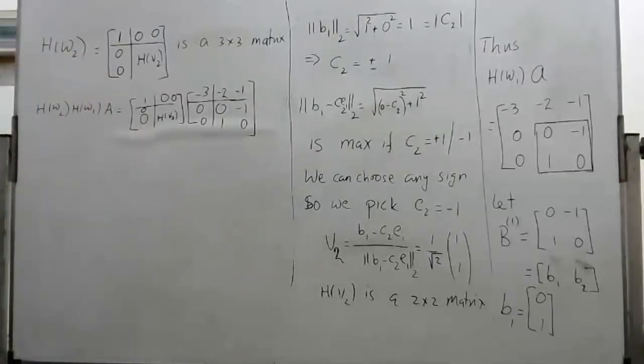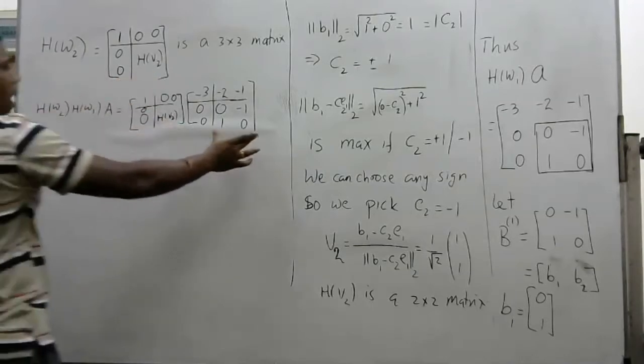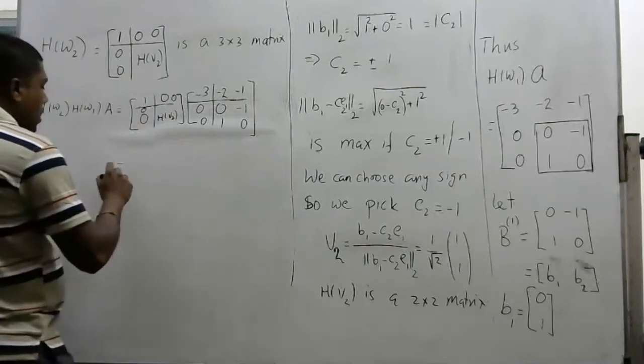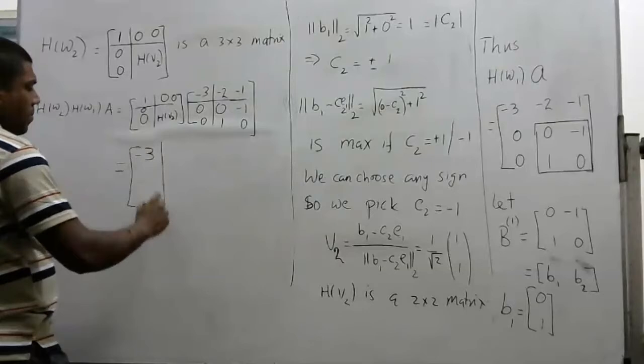Right, so when you multiply H omega 1 A with H omega 2 in front, I have a multiplication of two block matrices. My H omega 2 is this and H omega 1 A is this, right? So then I can multiply. We did the same thing in theory also. You notice that this does not change anything in the first block.